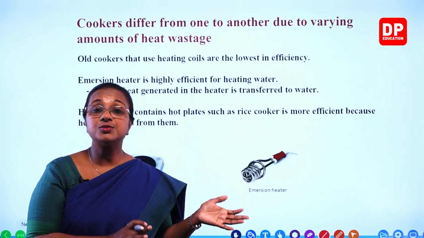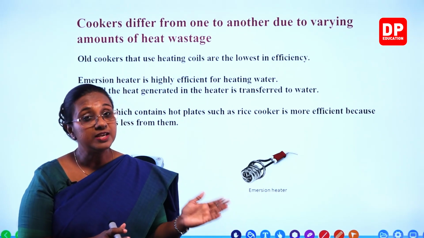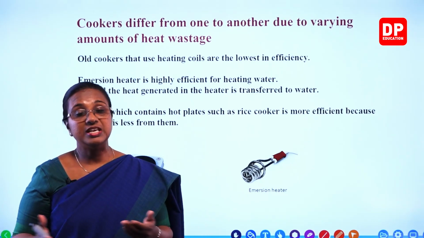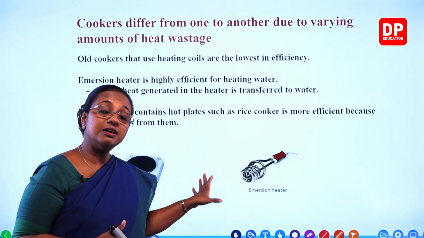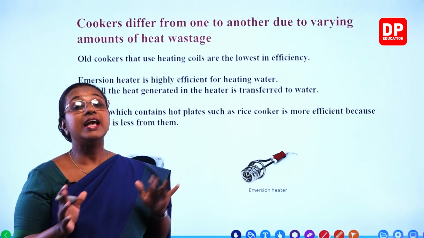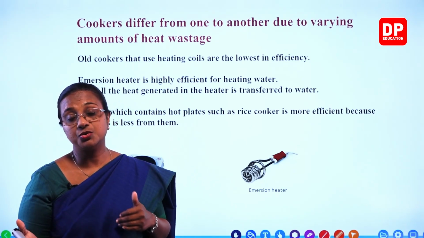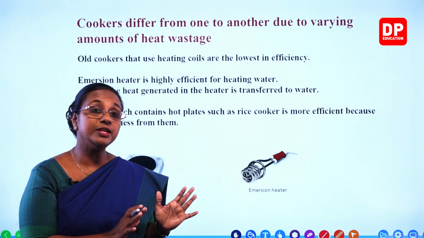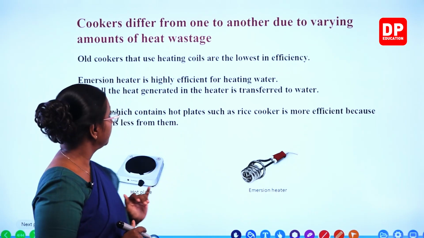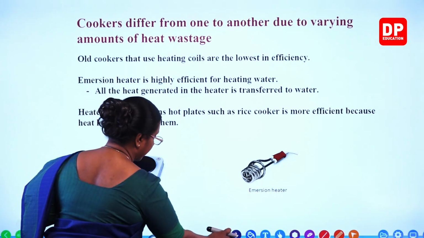So, if heat is going to be wasted, obviously electricity or the fuel that you are using will be wasted. Here we are going to look at only the cookers that use electricity, electric cookers only. We are not going to discuss other types of cookers. So, we'll look at some of these examples.